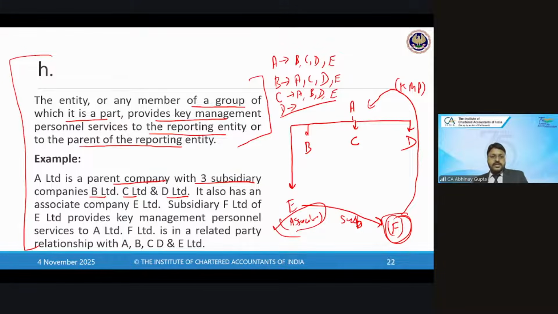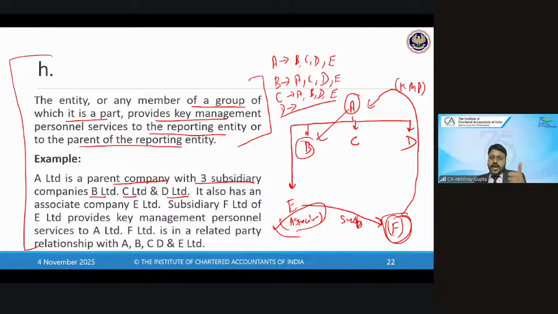Why? Because this clause says if any entity, or any member of the group of which it is a part, provides KMP to the reporting entity or any parent of the reporting entity. Which is the reporting entity? In this case, for example, B, and F is providing the KMP to A. So, A is the parent of B, yes or no? Yes.